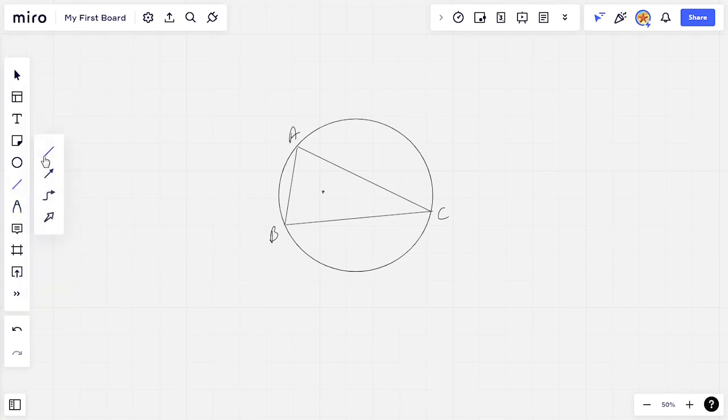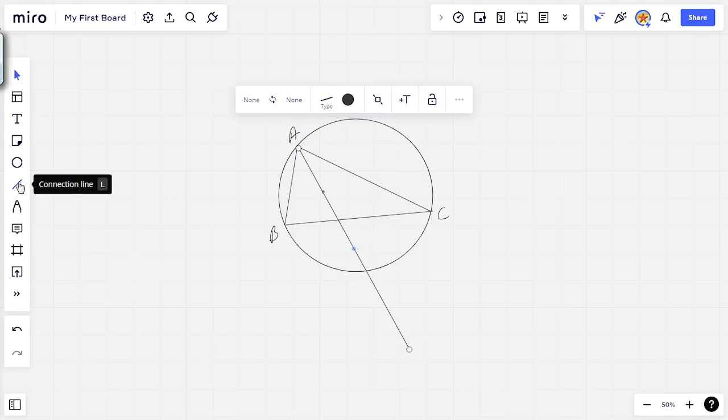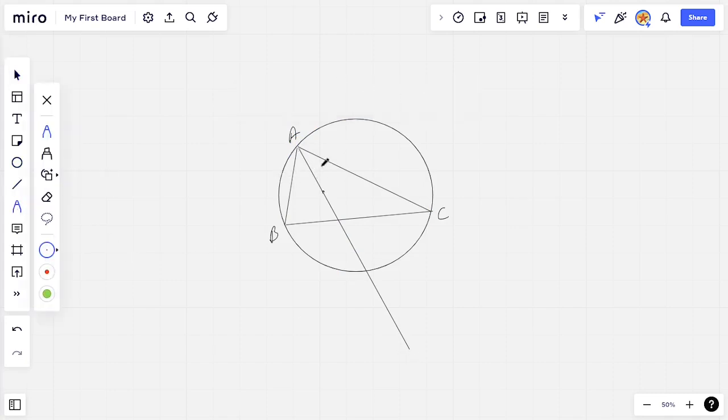Now if I draw a ray passing through point A and the incenter I, then it will cut the circumcircle at a certain point, this point.